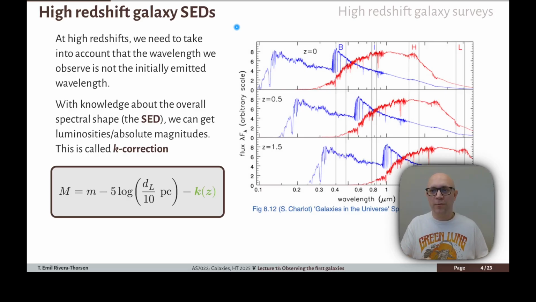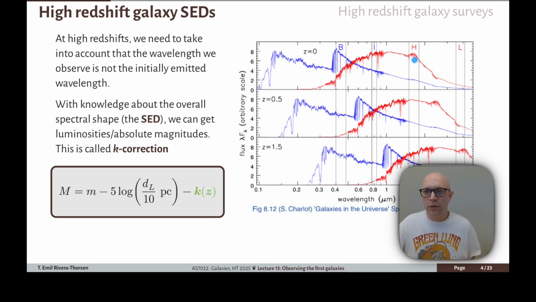So when we observe galaxies at high redshift, we want to take the measurements that we get, like the magnitudes and so on, and transform them into what this would say about the galaxy physically, which basically means what this says about the galaxy if we were sitting right next to it and we didn't need to correct for redshift.